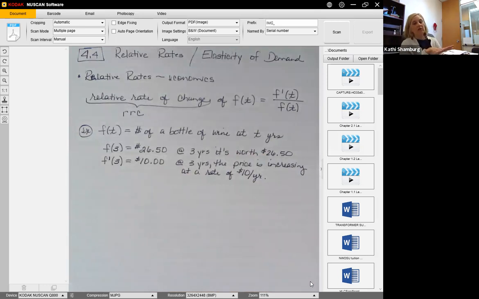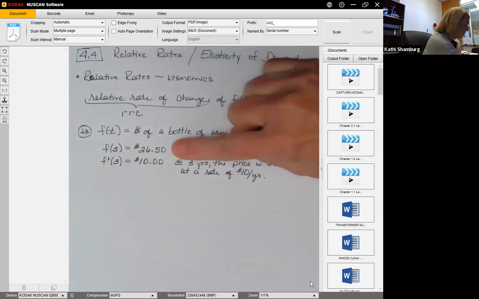If it would have been a negative 10, we would have said the price is decreasing at a rate of. So what the first derivative tells us is that each year, that bottle of wine should increase in value $10. So at $26.50 at 3 years, that would mean then at year 4, it should increase $10 more, which would be $36.50. And then the next year, it would increase $10 more, and so forth.